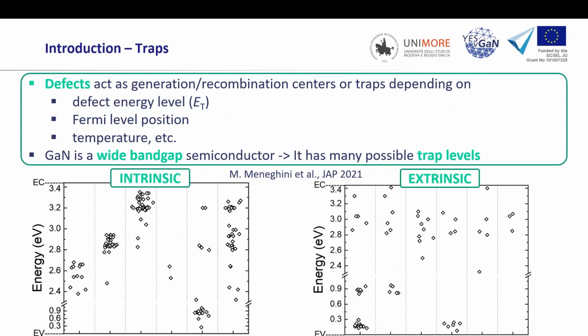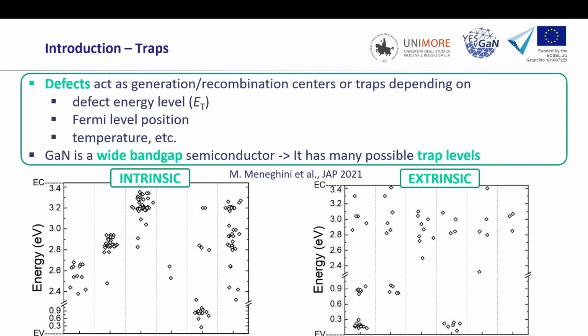Of course there can be intrinsic defects and extrinsic ones. The intrinsic ones would be related to imperfections of the lattice of the crystal, as we discussed before. So you can have nitrogen or gallium vacancies, or you can also have interstitials or extended defects like dislocations.